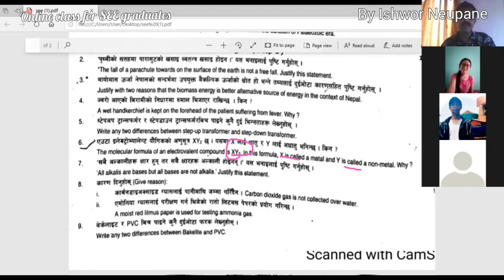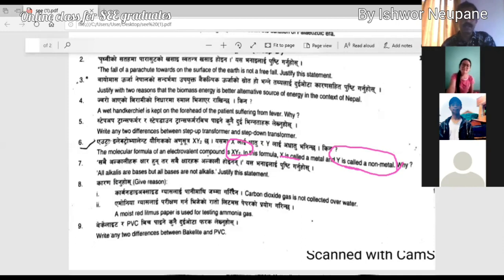You have to keep in mind, X is called metal because it loses electrons, and Y is called non-metal because it gains electrons.